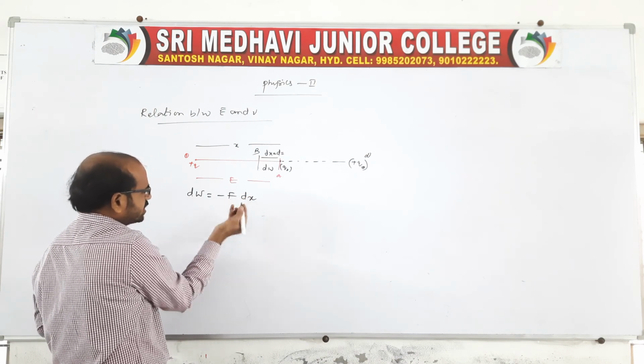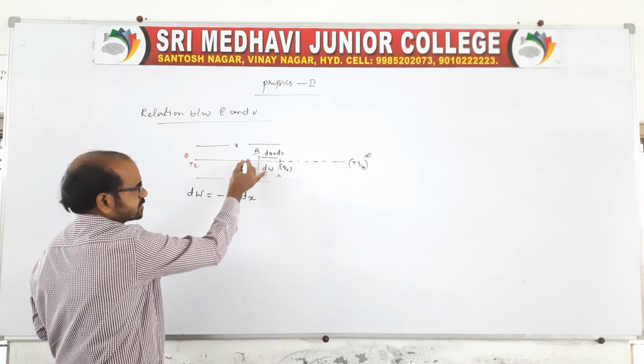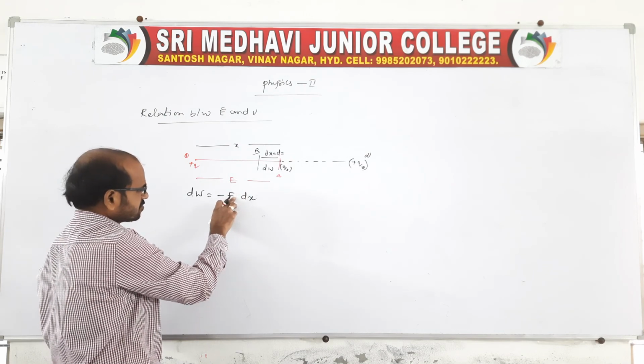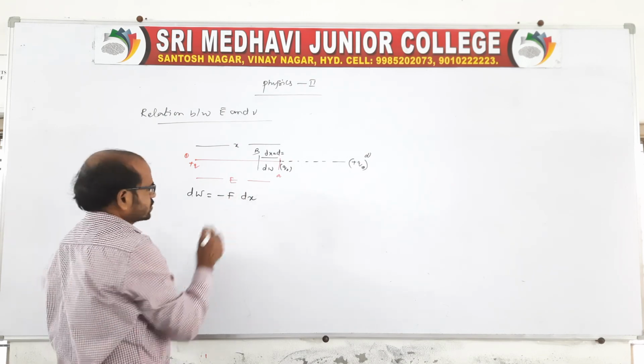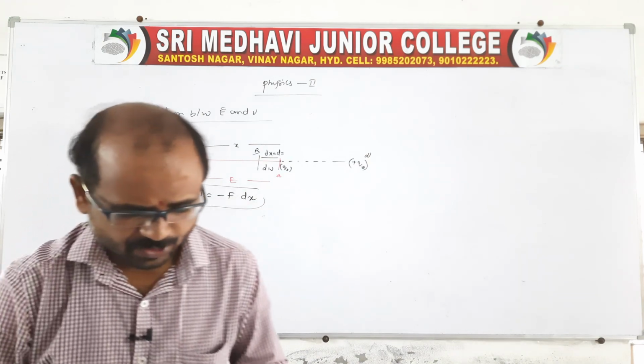So this is actually F dot dx, and since it is moving opposite, cos 180 is minus 1.